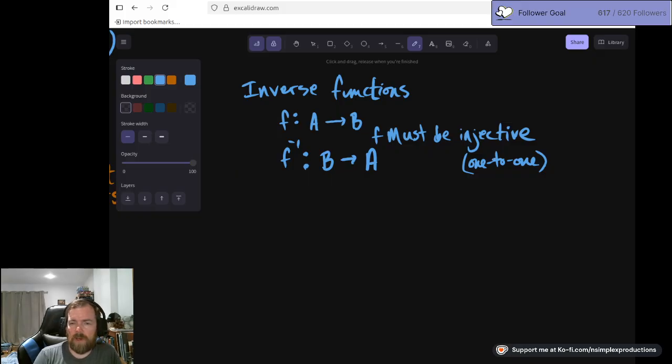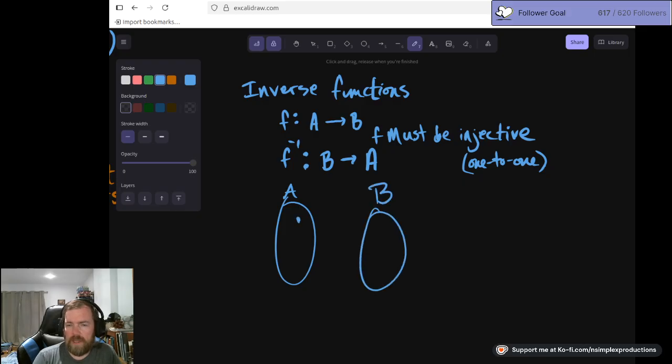Well, keeping in mind that when we had stuff from set A and stuff from set B, and we were mapping all these things over here, it was perfectly possible that set A could have two separate elements which end up going to the exact same element on the output. This was perfectly allowed. It's a function. We could do that.